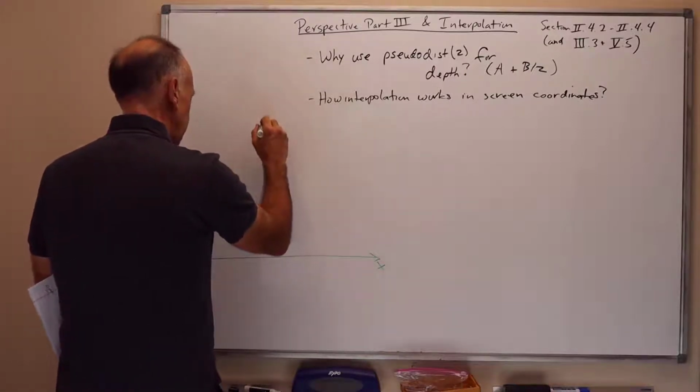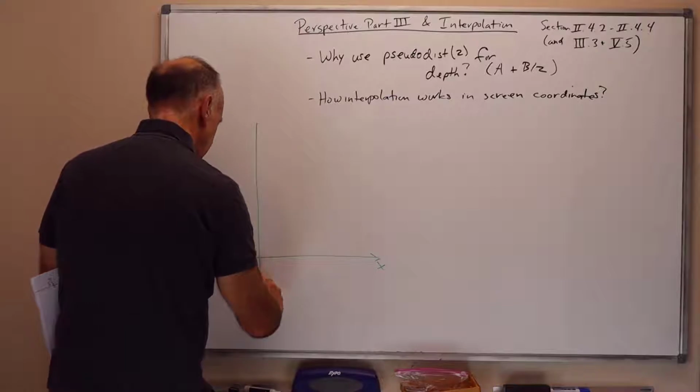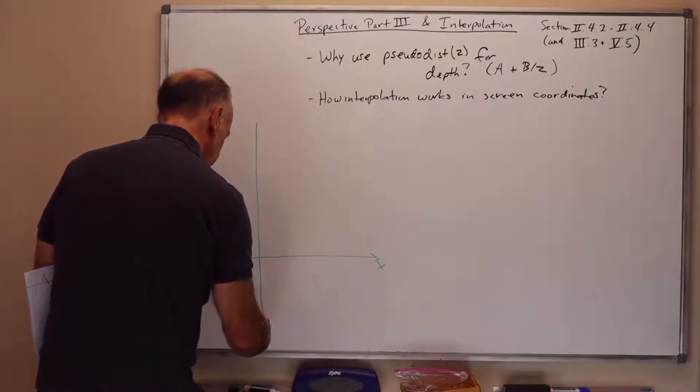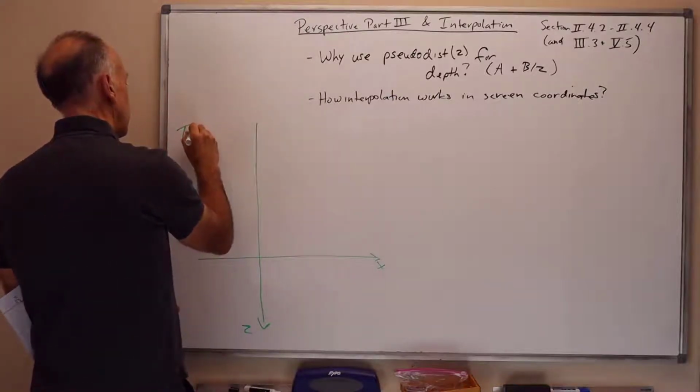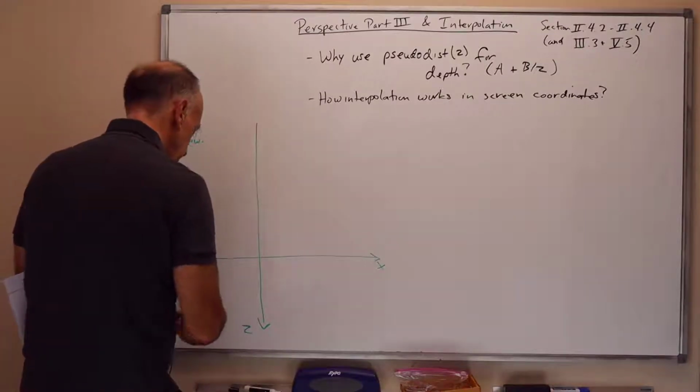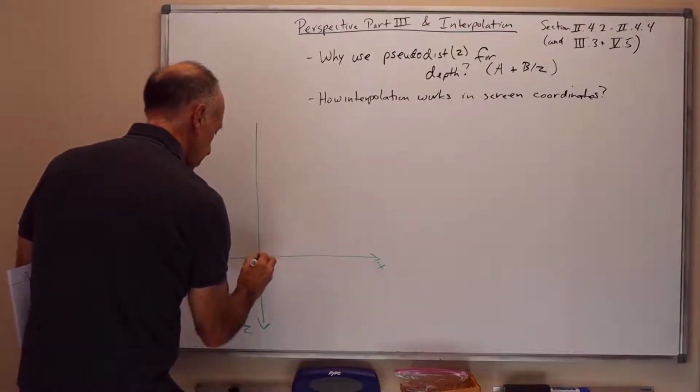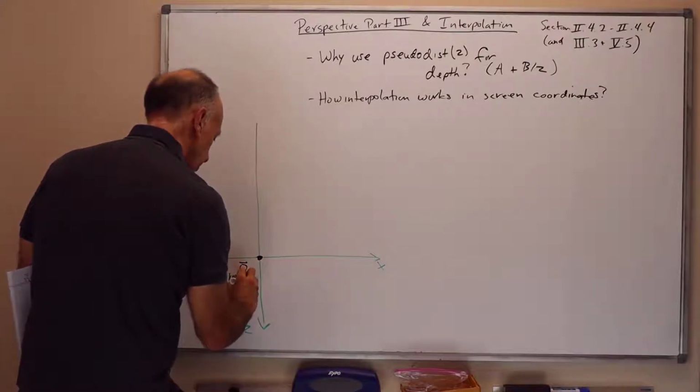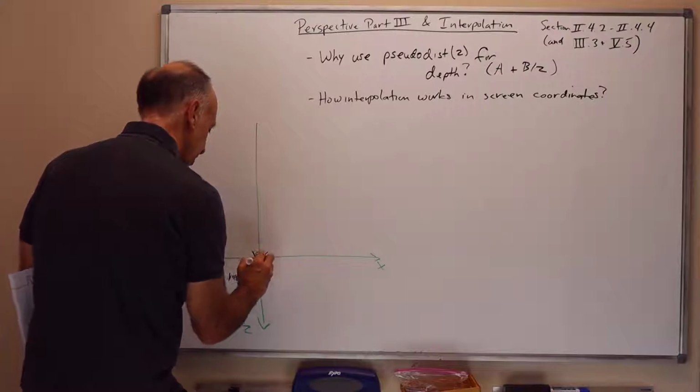The z-axis is pointing down, so it's a top view of the xz plane. And there's a viewer sitting at the origin. And this is the camera or the viewer, drawn as a sort of stylized eye.